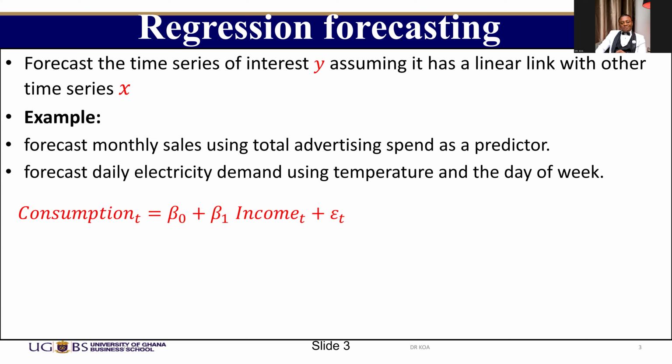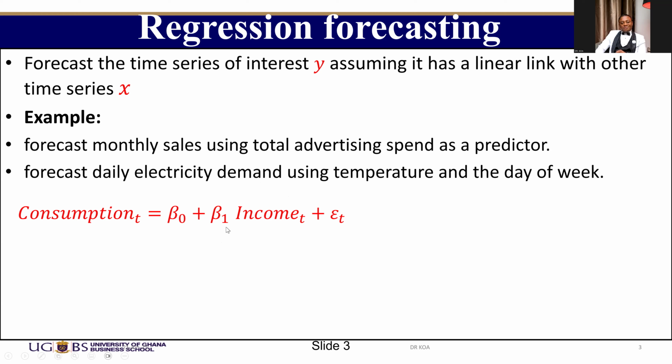Another example is consumption, and I'll be using this consumption a lot, so please pay attention. Consumption depends on income. What is the name that we give to the beta one? Who can tell me the name for that?